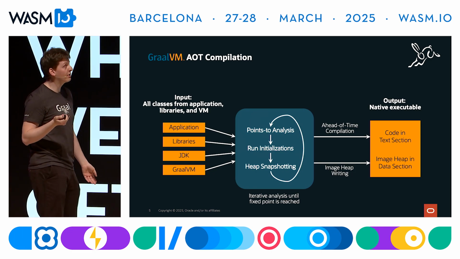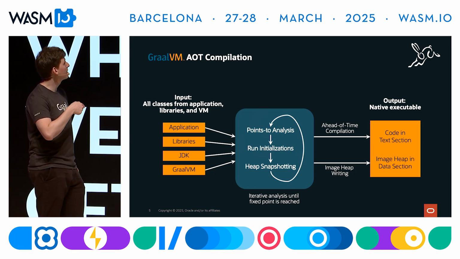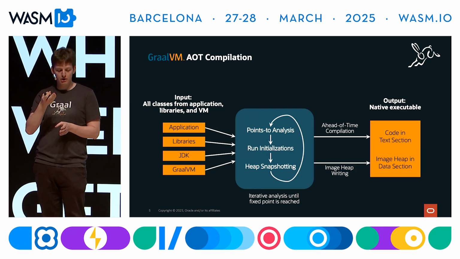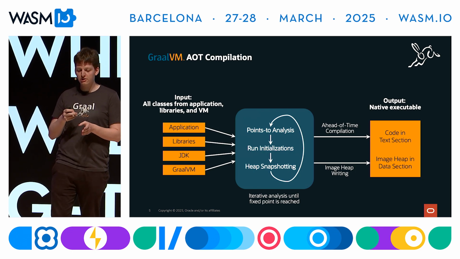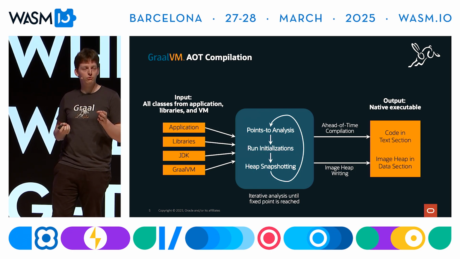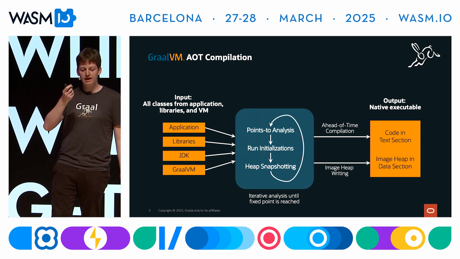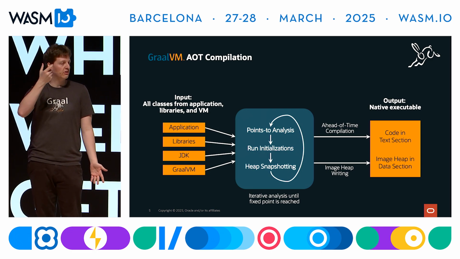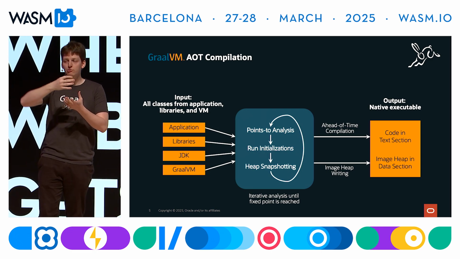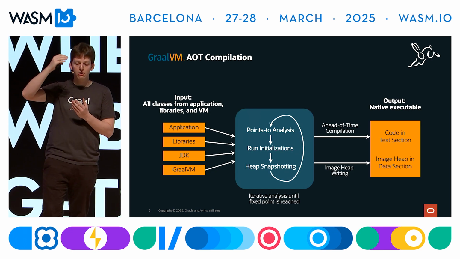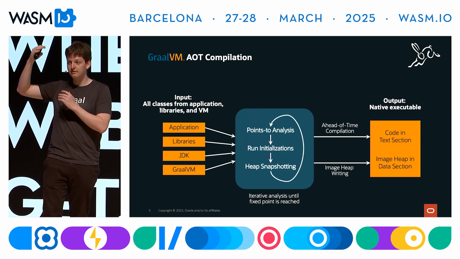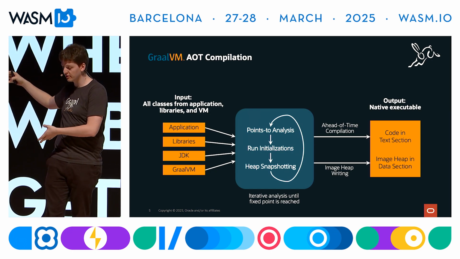And for Native Image, the way we do this, here in the middle, we do a fixed point iteration on our static analysis. So the way this works is we start at our main entry point, so that's your main method usually, and from there we spread out, we figure out all the methods that this thing calls and that all those things call transitively.